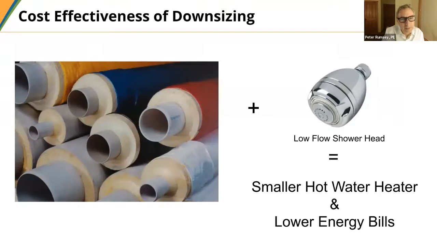So if we add extra insulation, and maybe this is a hot water system in an apartment building, and we combine that with a low flow shower head, which means we use less hot water, we put those two things together: better insulation, less hot water use. What happens is the size of our hot water heating system will suddenly go from one size down to the next lower size, so that we can buy a smaller heating system.